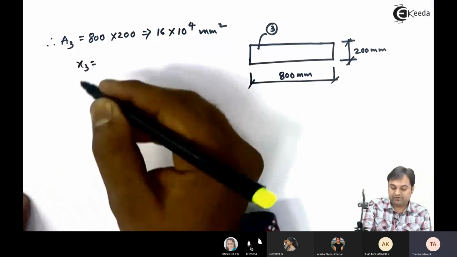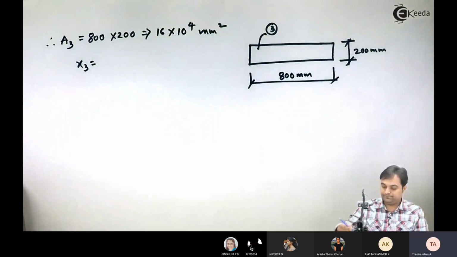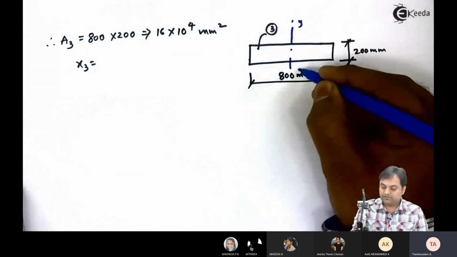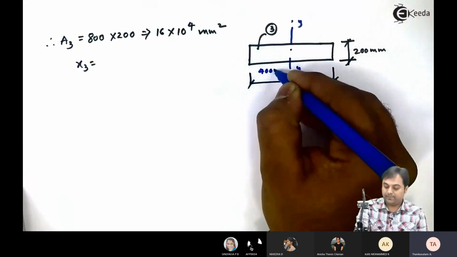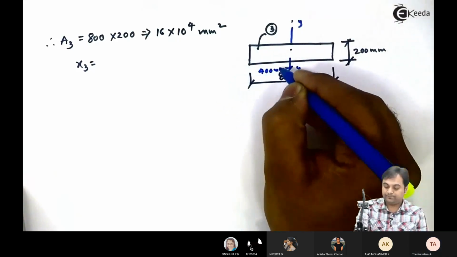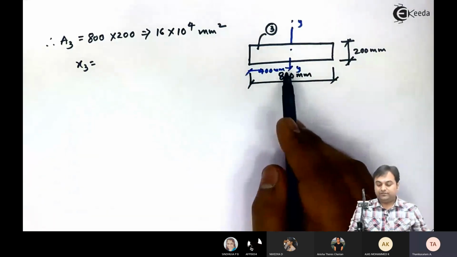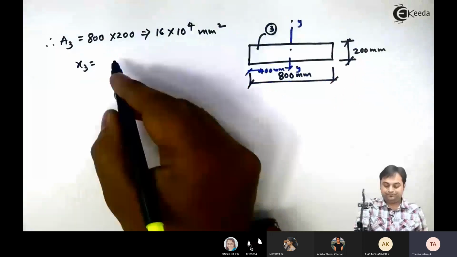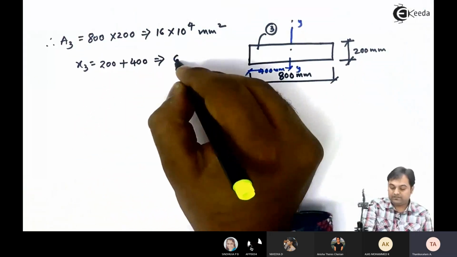X3 is the location of the y-axis for the third rectangle. Again, this y-axis will be at half of 800, that is 400 mm, and if we take the distance from the origin, it will be 400 plus 200, that is 600 mm.